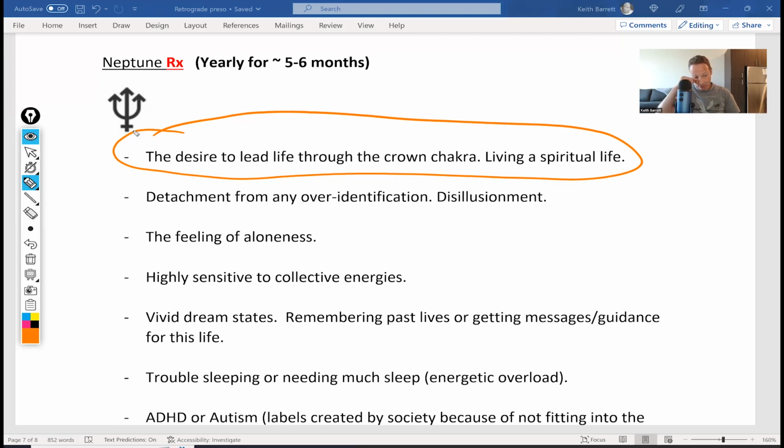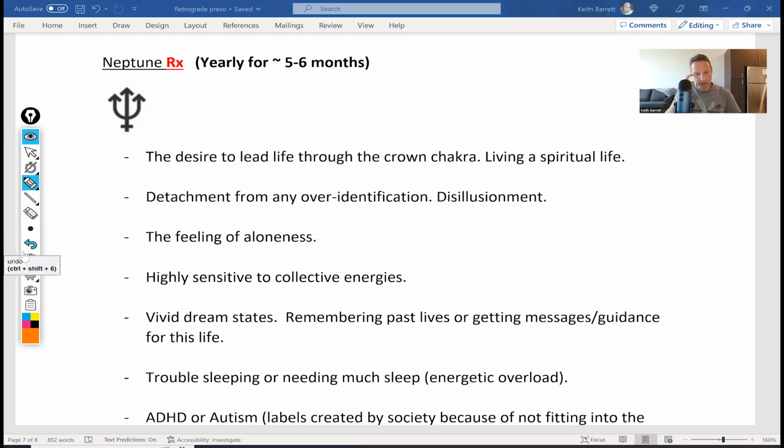So it's being able to tap into the multidimensionality of who you are, be able to recognize that we're all connected, we're all one expression of source energy, and living life according to that, right? So that's one expression here of Neptune retrograde.